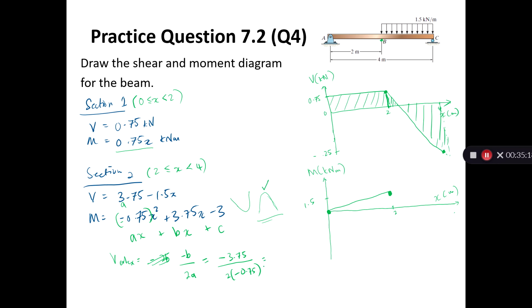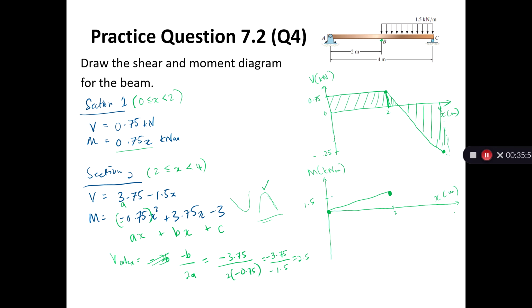So this will give you 3.75 divided by negative 1.5. So this means that the vertex, just divide the numbers, equals 2.5.